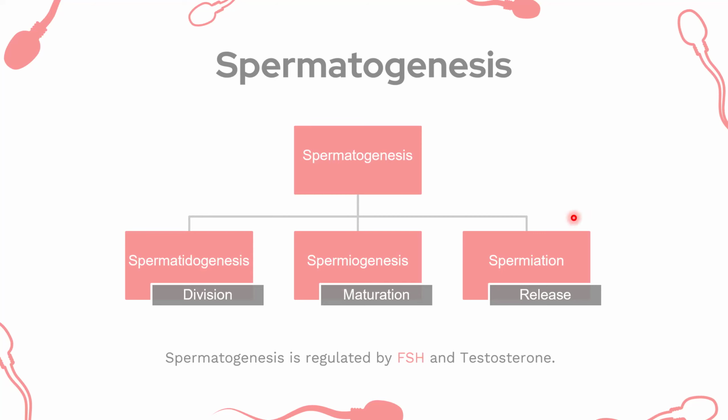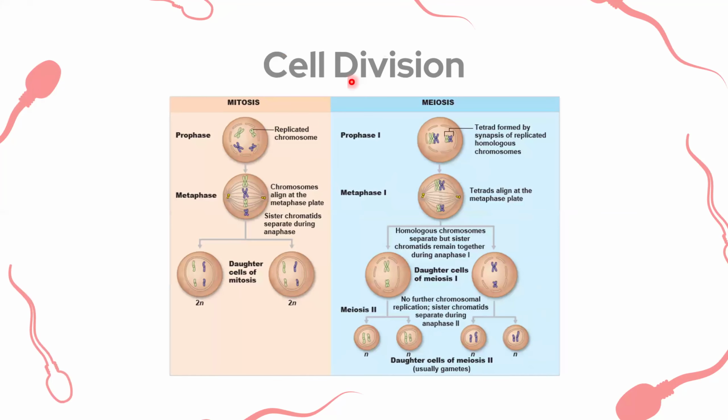So let's take a very quick overview of what the actual cell division process is, because we will be using both of those processes, including mitosis and meiosis. I'm sure you guys remember this better than I do, so I'm not going to spend a long time on it. But mitosis is basically the process of all somatic cells. Every single cell in the body undergoes mitosis, except very, very few.